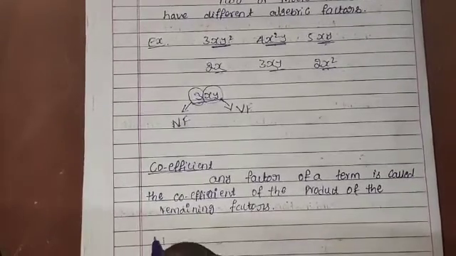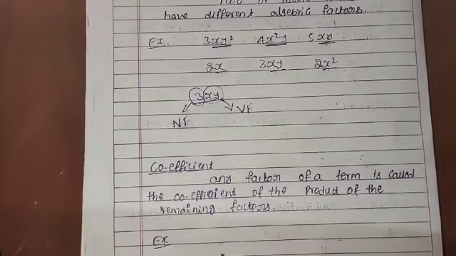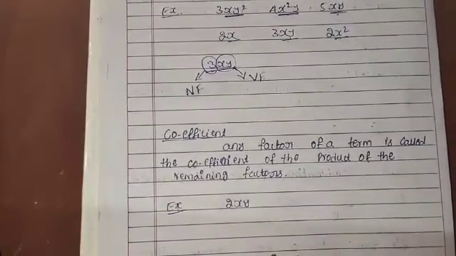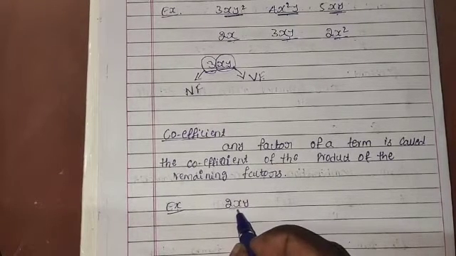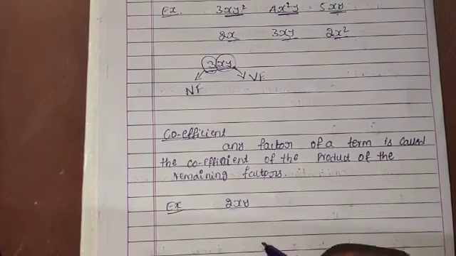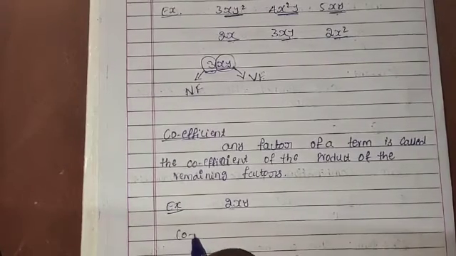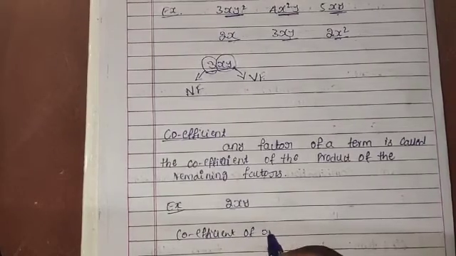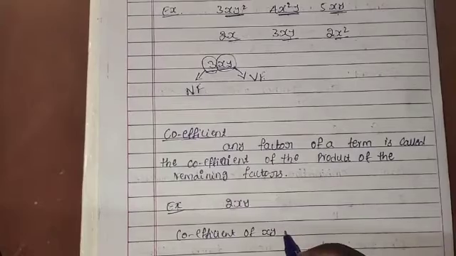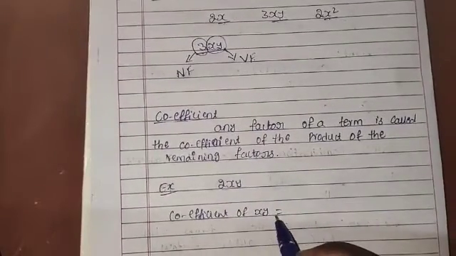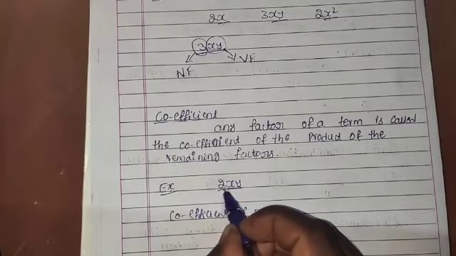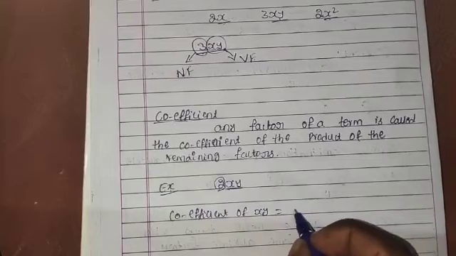For example, here we have 2xy, and we have to find the coefficient of xy. It means except xy, the remaining factor is 2, so the coefficient of xy is 2.